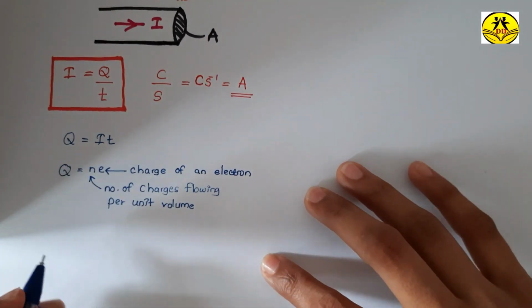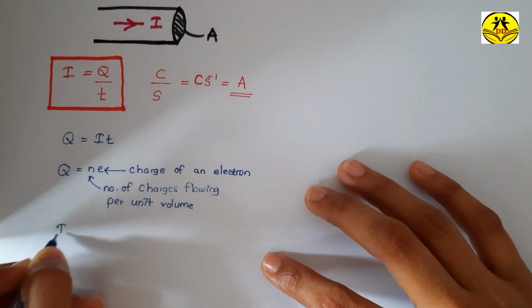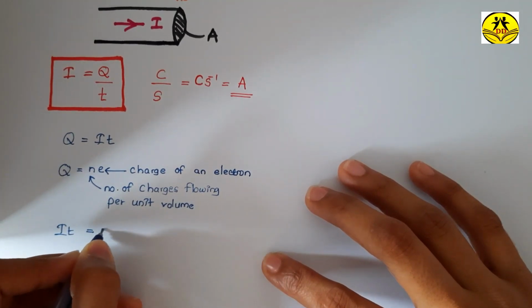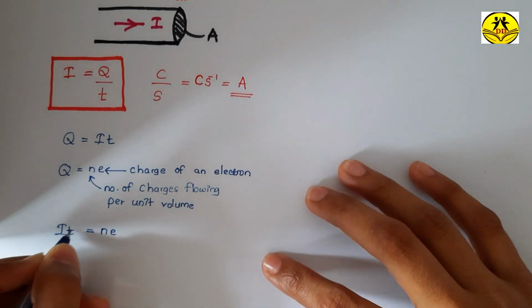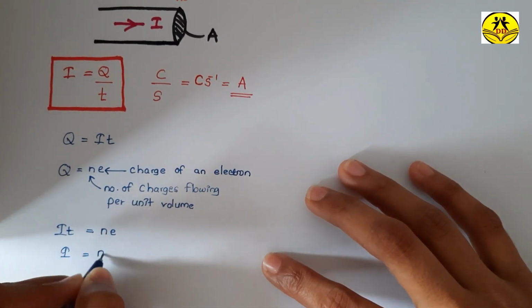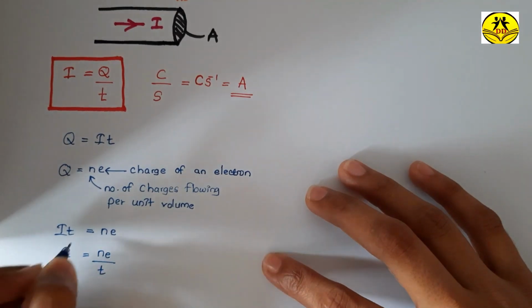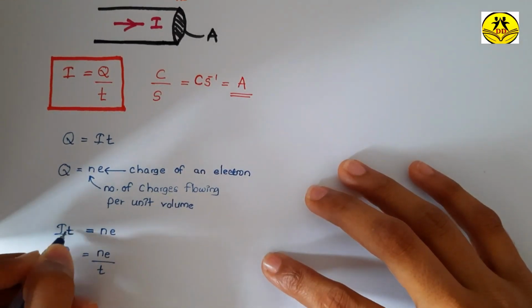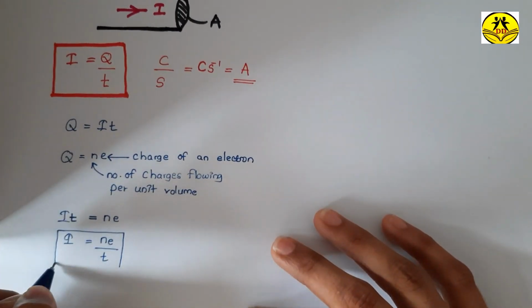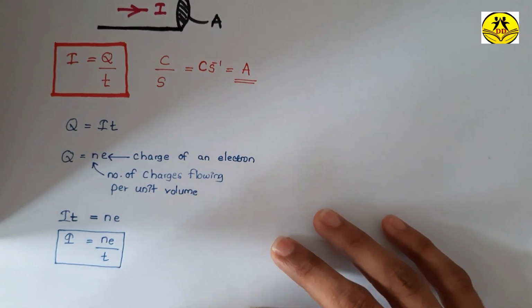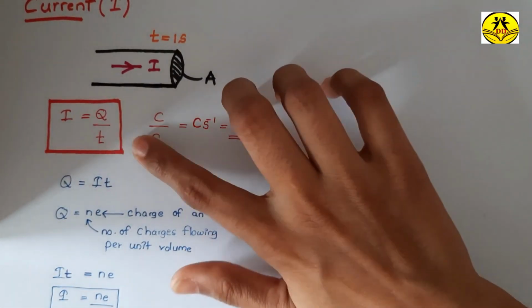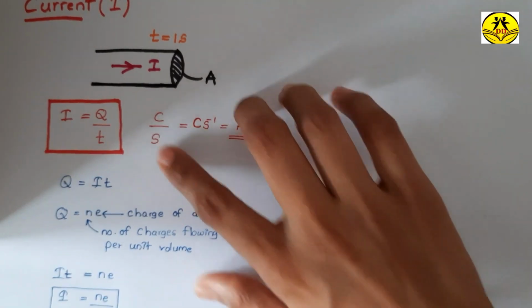Thereby, IT can be written as equal to NE. So I equals NE over T. This is also a derived equation. You can remember this easily for questions. So this is basically the equation you should know for current.